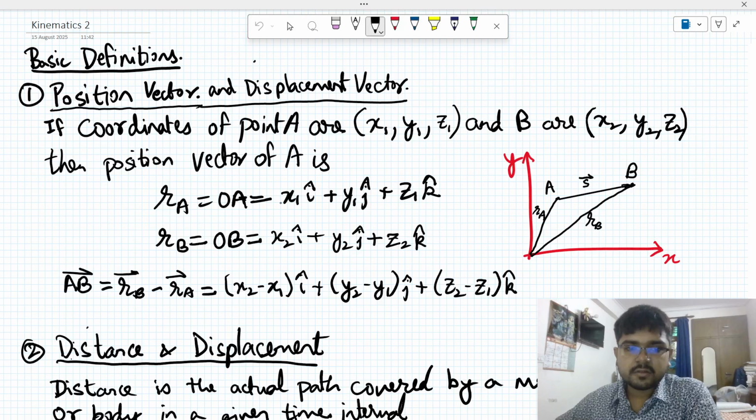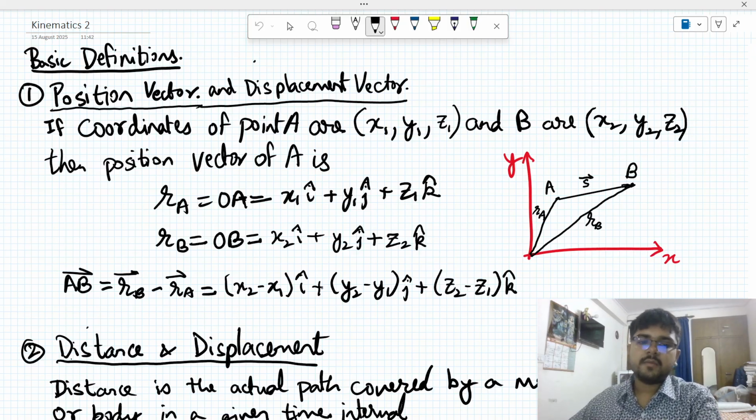Then Ra vector is equal to x1, y1, z1, Rb is equal to x2, y2, z2, and AB vector will be the second one minus the first one, that is the head one minus the tail one. So we have Rb minus Ra equals x2 minus x1 i cap plus y2 minus y1 j cap plus z2 minus z1 k cap.